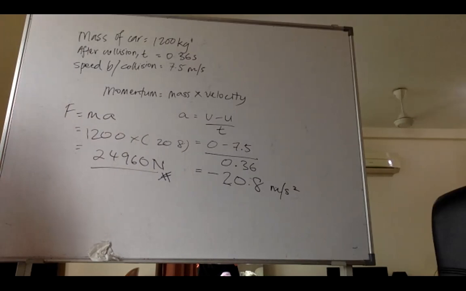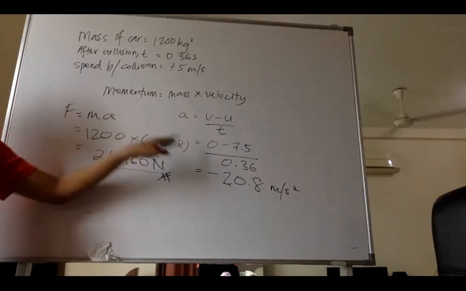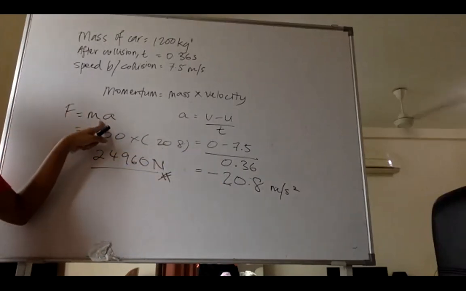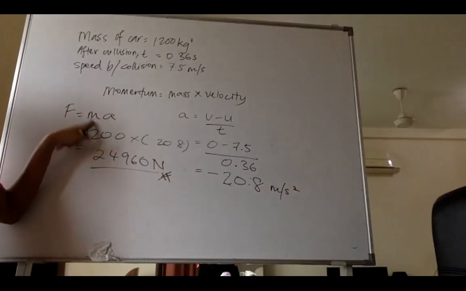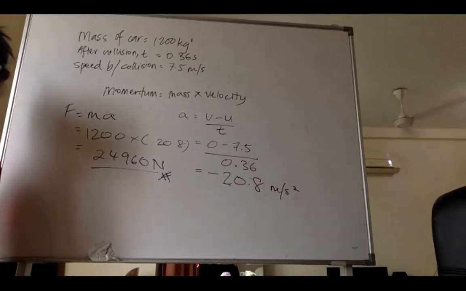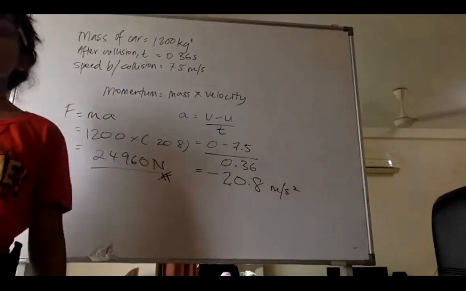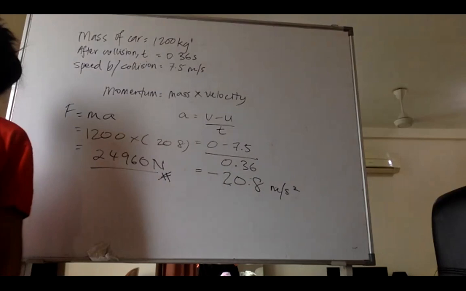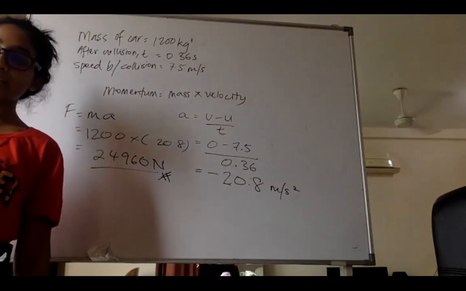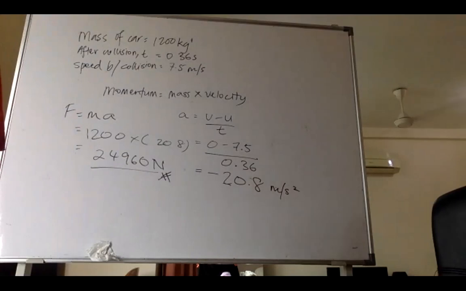Negative acceleration is deceleration, but when we put it in here, it doesn't matter whether it's deceleration or acceleration. So you take off the negative because you calculate the force. Unless they ask you whether the force is acting forward or backwards. Then because it's negative, it's backwards, for example.